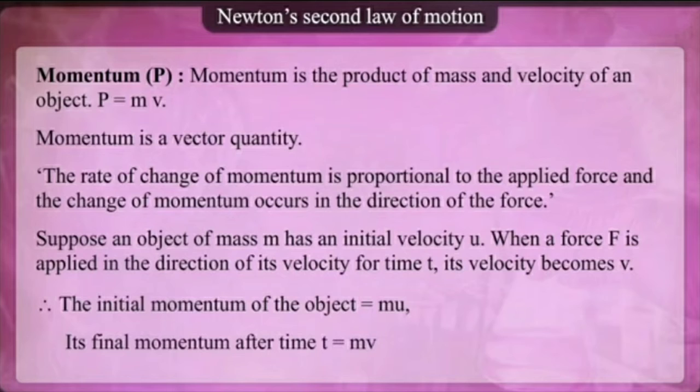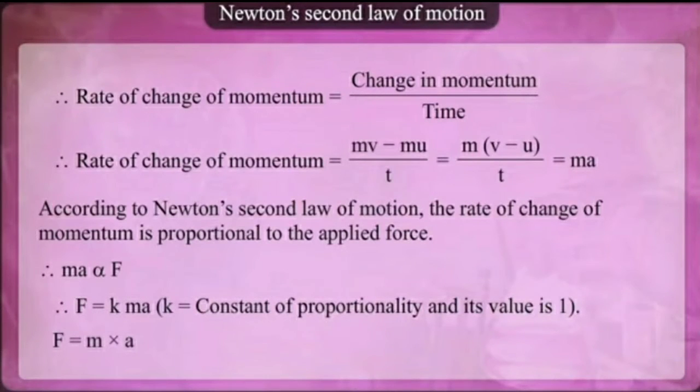So what is the rate of change of momentum then? It is change in momentum upon time. Therefore, rate of change of momentum is equal to mv minus mu, final minus initial momentum, upon t. So we get m(v minus u) upon t, which is equal to ma, right? (v minus u) upon t is a, acceleration.